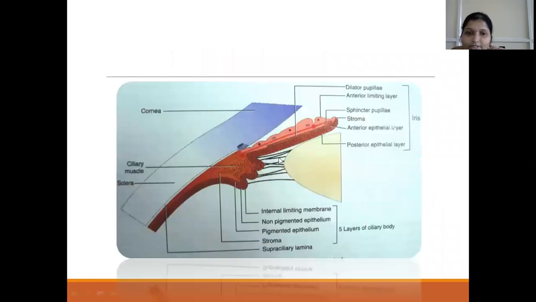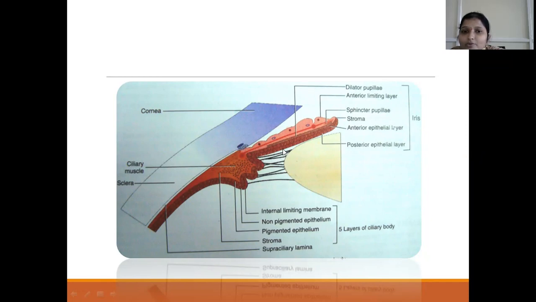So here you can see the ciliary body extending from here to here. When we have a cut section here, it represents the triangle. So the outer side is formed by the ciliary muscle and sclera, and the base is formed by the posterior chamber. So that is the iris and the lens.